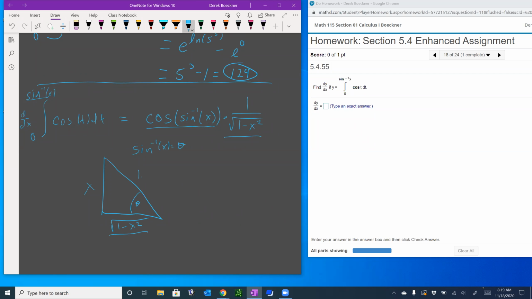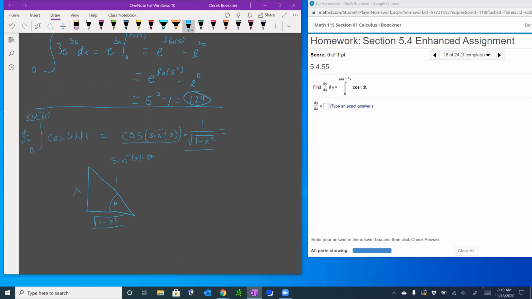Okay. So if I plug that in, I get 1. What do we know about functions that have a constant derivative or a derivative of 1? They're linear, right?